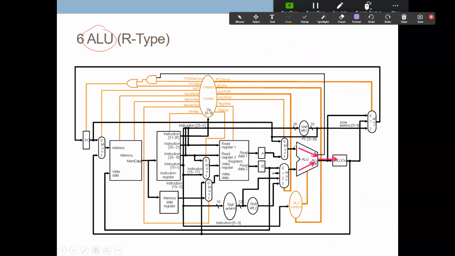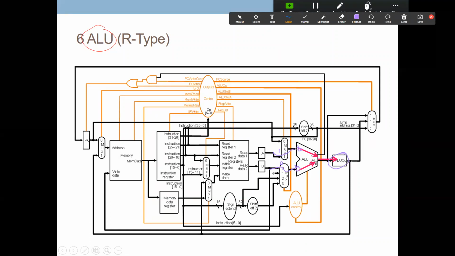You take the values in A and B. The multiplexer takes 1 here and 0 here, and I would perform subtract or whatever operation I want, and store the result now in ALU out.